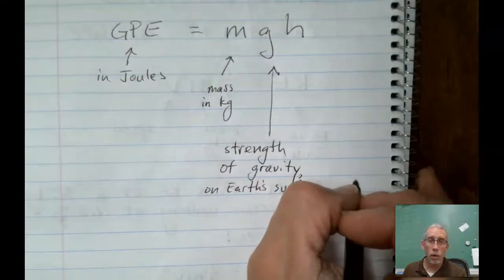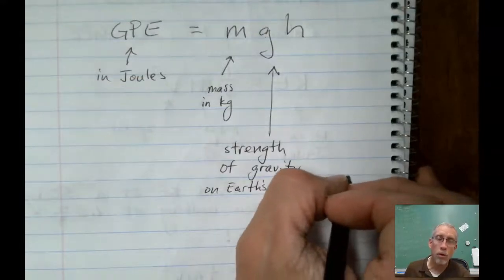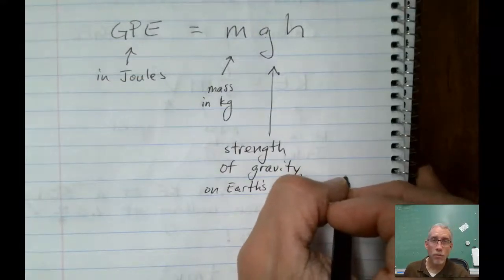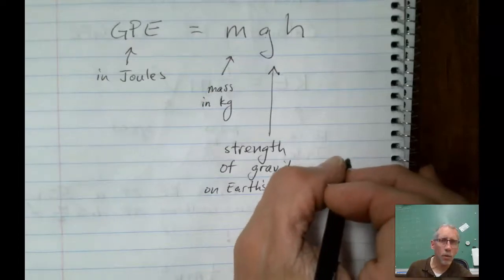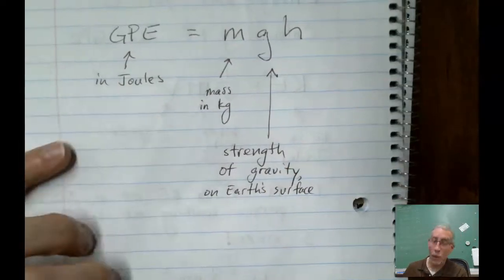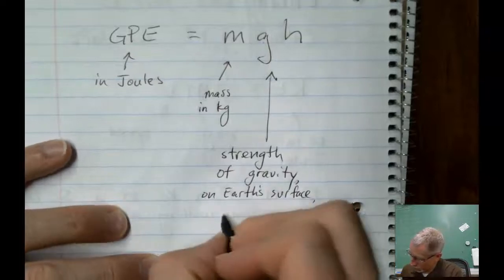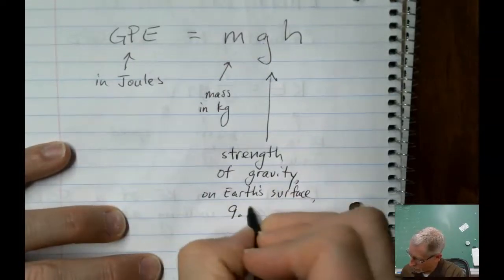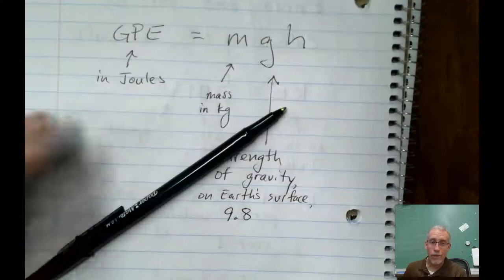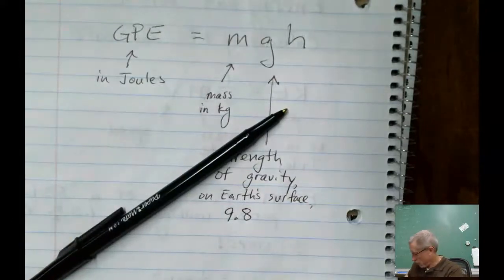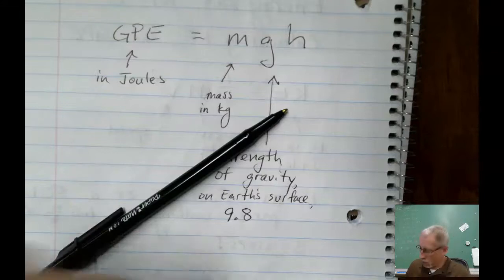Depending on where you live, where you are, what planet, moon, wherever you are, there's different measures of gravity. There's even gravity in space. A lot of people think gravity doesn't exist in space, but it certainly does. So here on the surface of the Earth, we use 9.8.